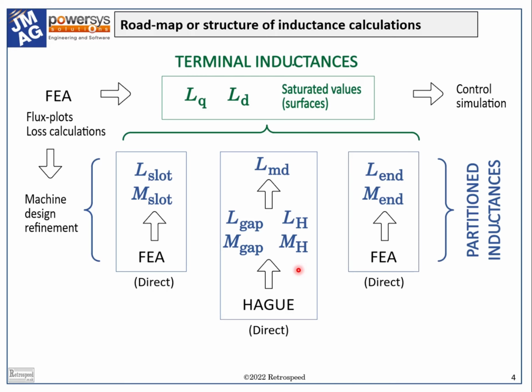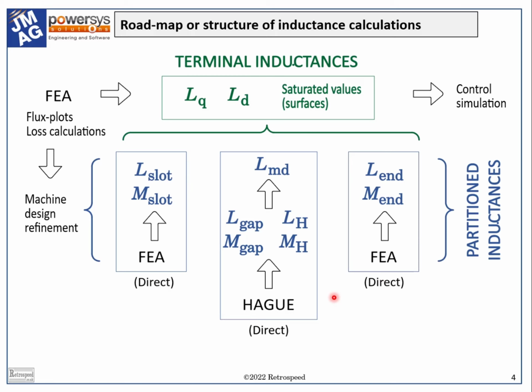And in the Blue Book and in the paper we'll see that some of these components for the surface magnet motor in particular can be calculated by methods attributed to Bernard Haig. Historically, before the widespread use of powerful finite element software, the terminal inductances were computed from the partitioned components, which were calculated in turn by means of specialized formulas or algorithms that constitute a large part of the classical theory of electrical machine design.